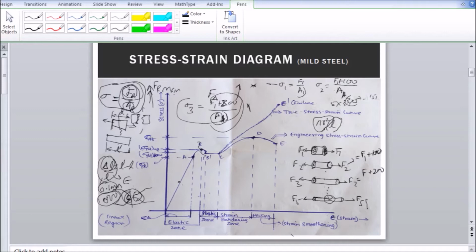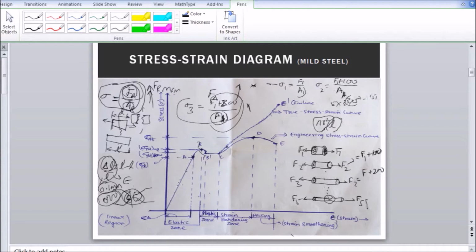They are almost merging. If you zoom in, of course, the true stress strain curve will be a bit above the engineering curve, but the difference between true stress and engineering stress can be neglected because it is very small.